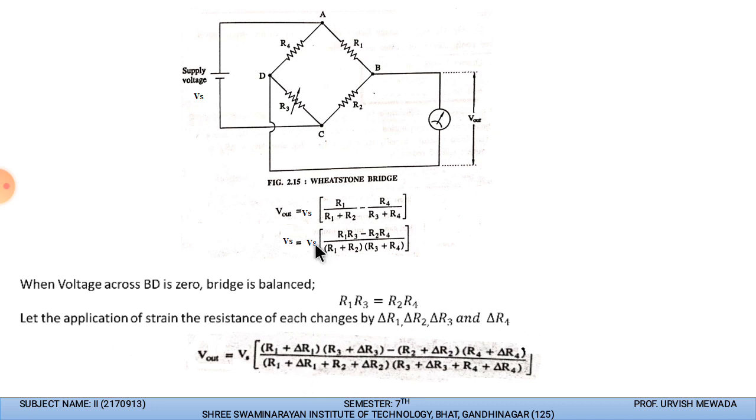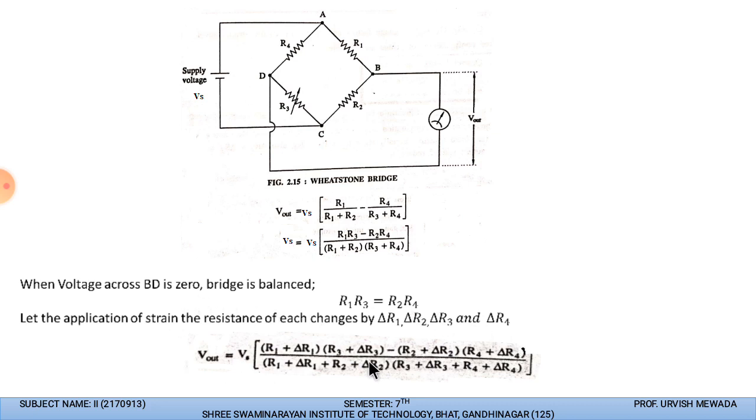So V out is equal to, this is a printing mistake, V out is equal to Vs into R1 plus delta R1, R3 plus delta R3. We are keeping this equation the same, but just putting in the value of the change in the resistance. So R2 will become R2 plus delta R2.